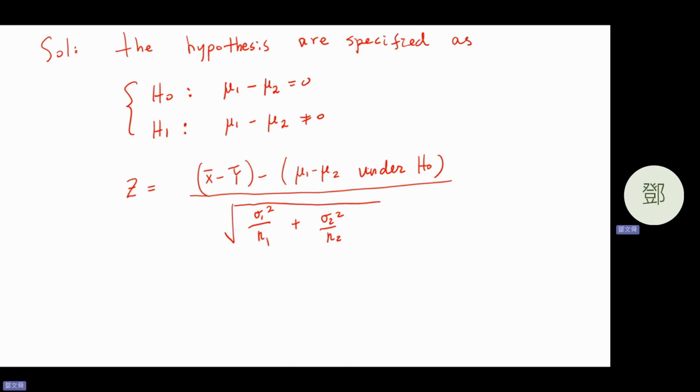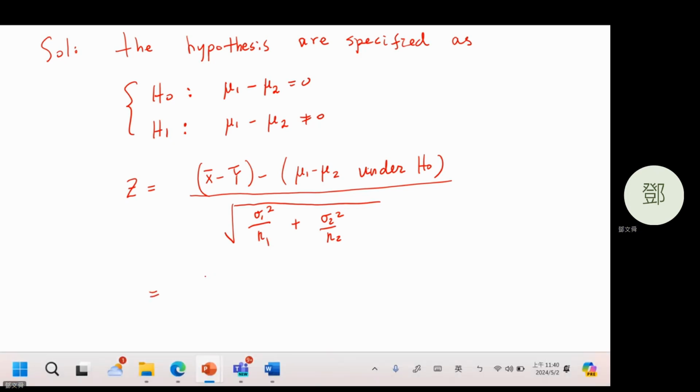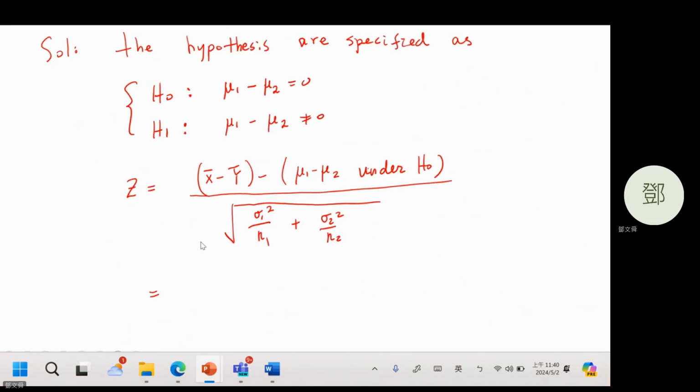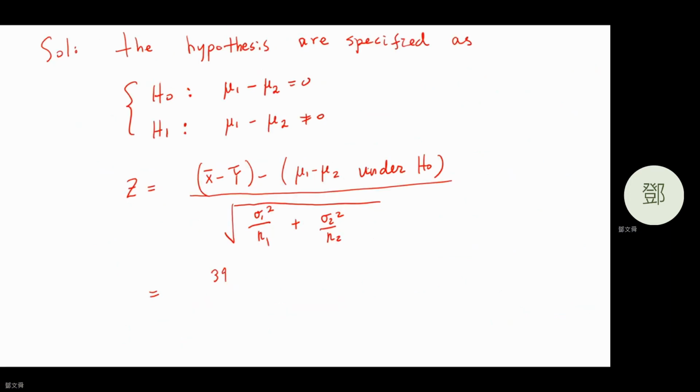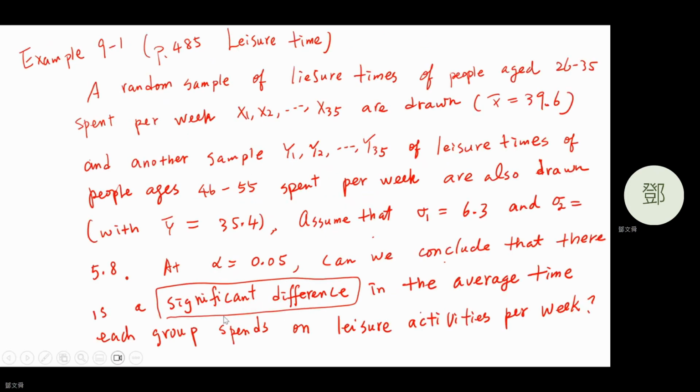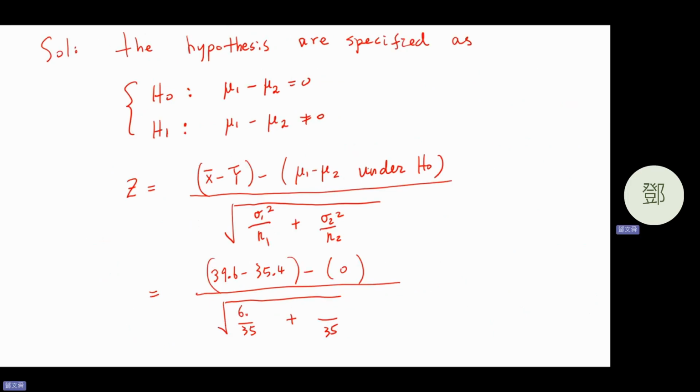So it is what is it? 39.6 minus 35.6 minus 0 and 35 plus 35 under the root, 6.3, 5.8. 6.3.